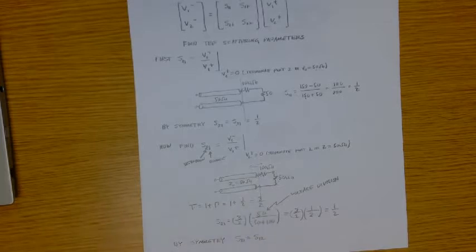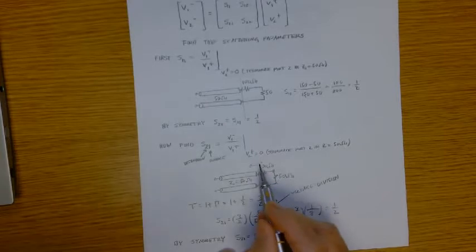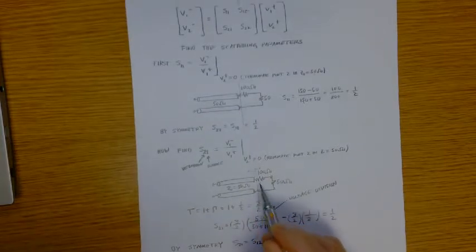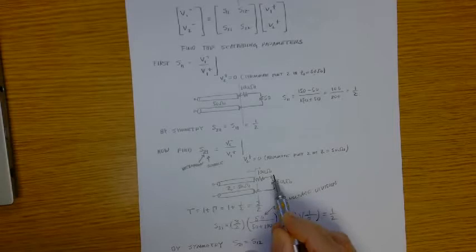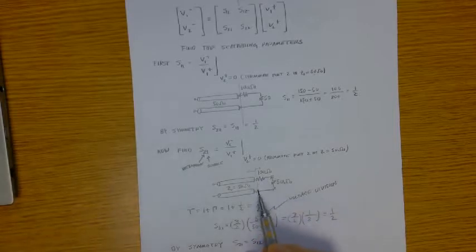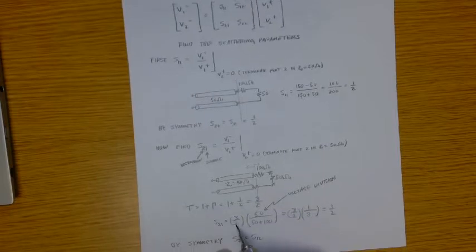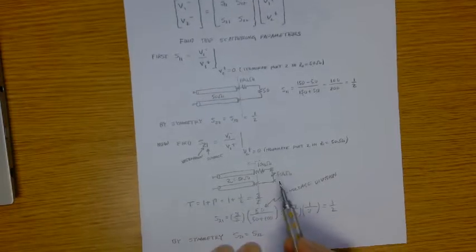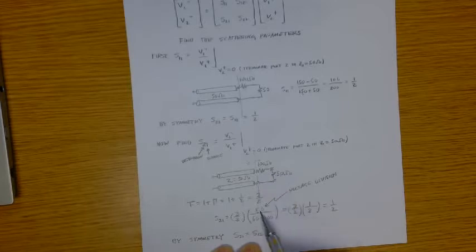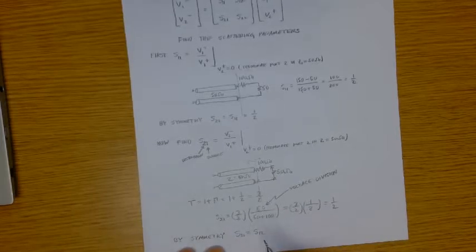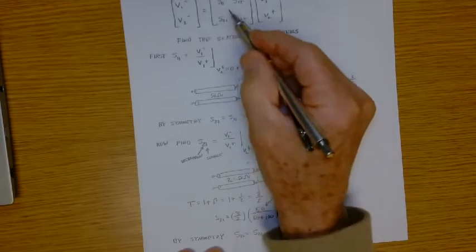Now, that's the wave headed to the right at this pair of terminals, but we want the voltage here. So that forward wave is going to divide like a voltage divider between the 50 and the 100 ohms. So it's the transmission coefficient, 3/2, times 50 over 100 plus 50. Voltage division: 3/2 times 1/3, which is 1/2. And so we found S21 to be 1/2.